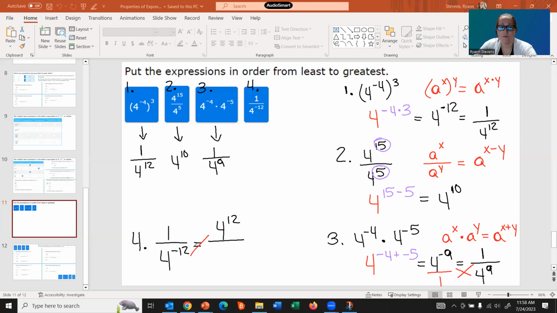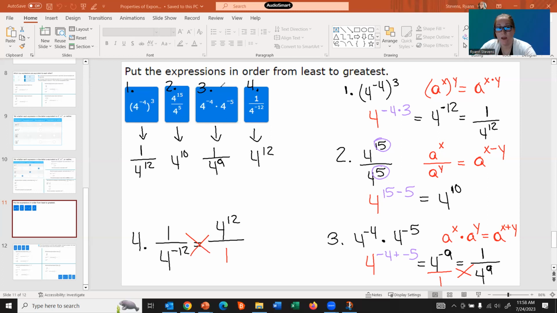And we could also move this 1 to the bottom, or we could just drop that and get rid of it. We could say that this converts to 4 to the 12th. It's much easier to see exactly which ones are greater now, which one's the least and which one's the greatest.